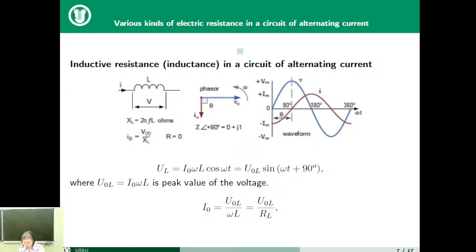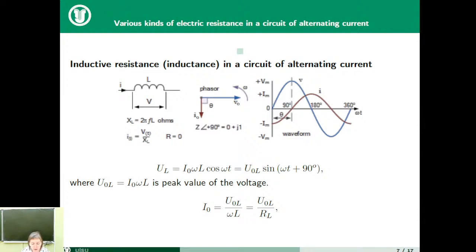And it is the only inductive resistance in a circuit, with no active resistance present, as R is equal to 0.